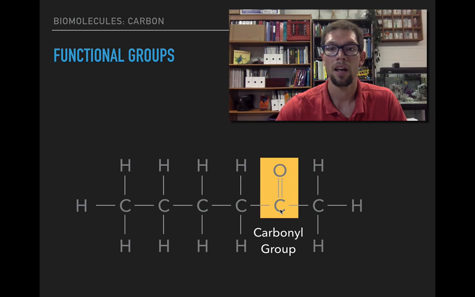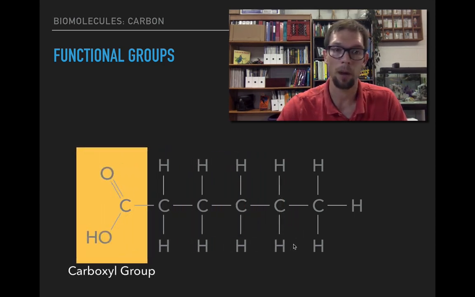So if the carbon is double bonded to the oxygen in the middle of the molecule, you would have a carbonyl group. Now if you take the carbonyl group and the hydroxyl group and throw them together, so you have the double bonded O over here and you have the OH, you can have a carboxyl group. So you can see how this is the mixture of a hydroxyl and a carbonyl in its name as well as its structure.